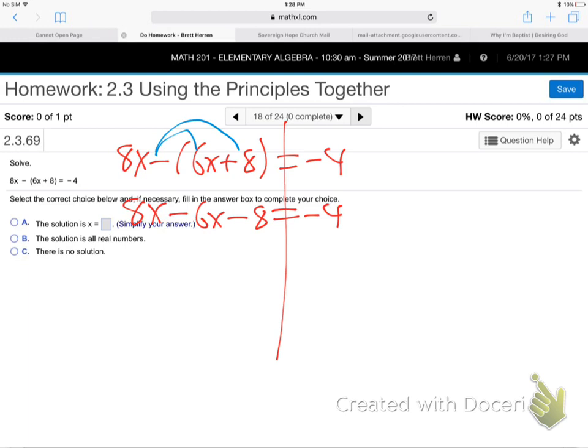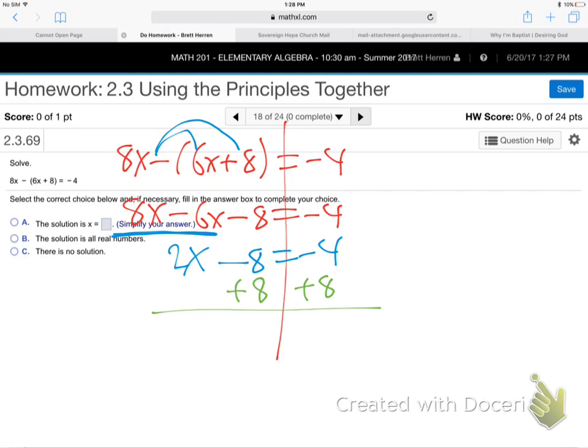And then, get it from there. 8x minus 6x. X is on the same side, like terms. Good to there. And now, x is saying, I want to be alone. So what do we do to get x alone? Add 8 to both sides.